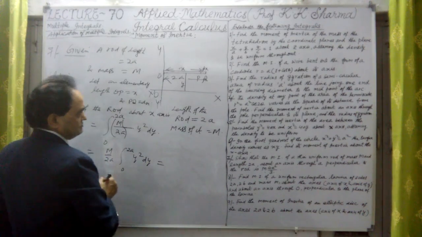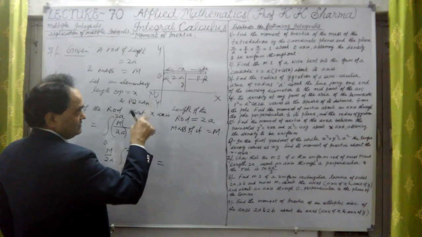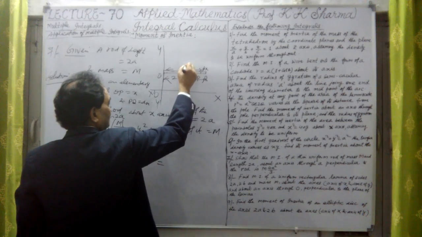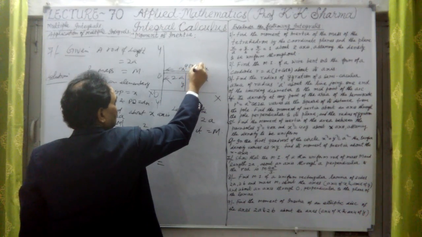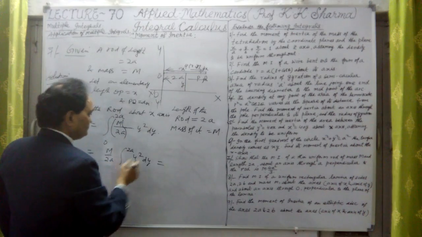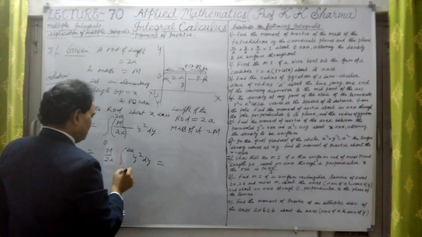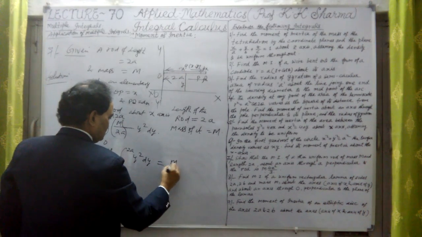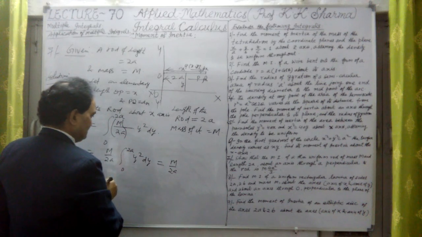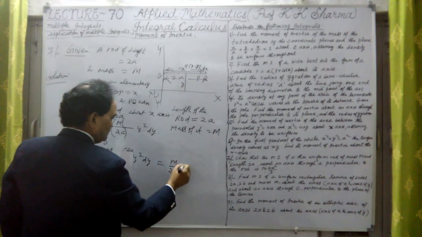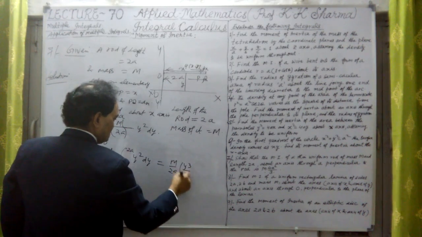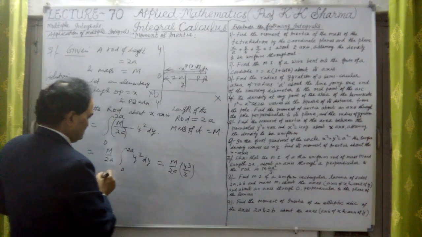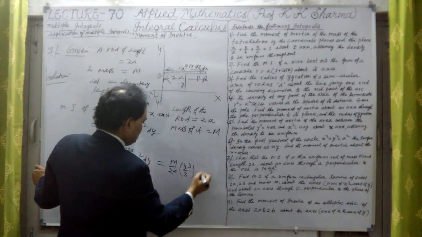If I integrate this with respect to x, we are finding the distance. If I take point P here, which is xy, then this is going to be m upon 2a into y cube upon 3, limits 0 to 2a.